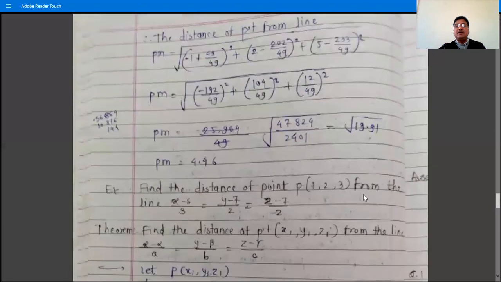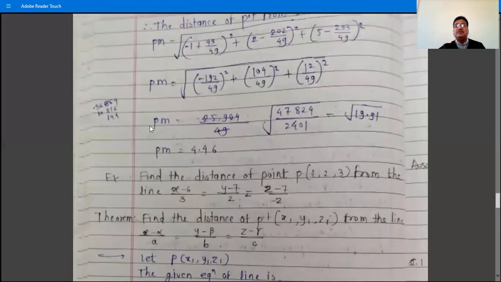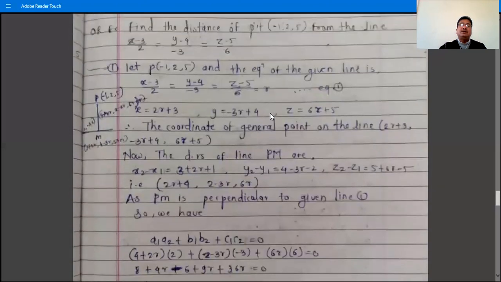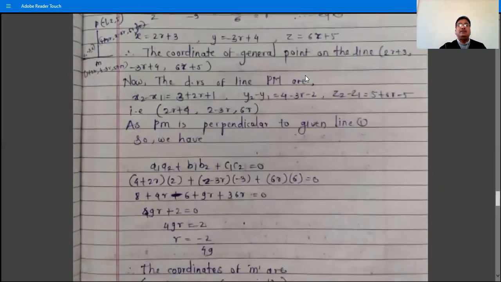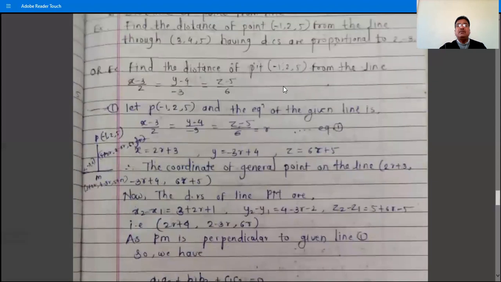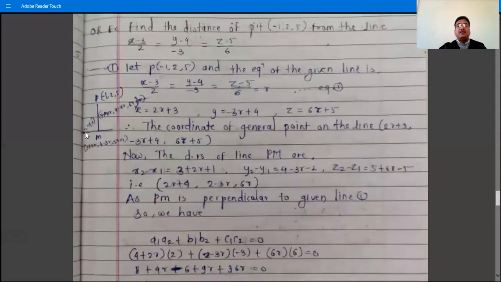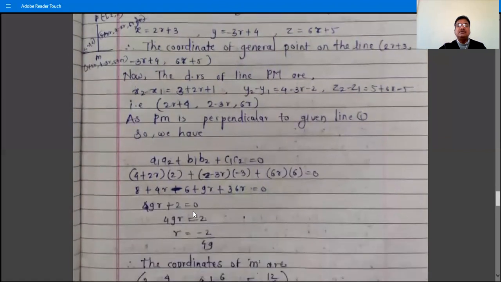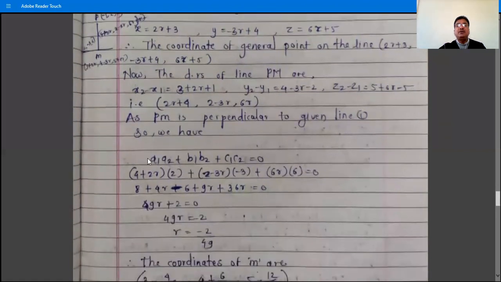This is the last answer, PM. So how can we find the distance of a point from a line? First write the coordinates of the general point on the line, and then write the direction ratios of the line PM, and then use the condition that PM is perpendicular to the given line.